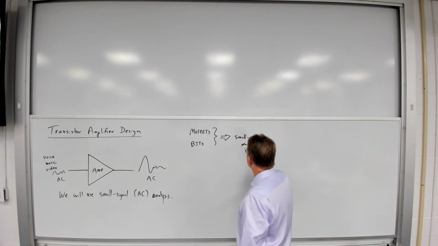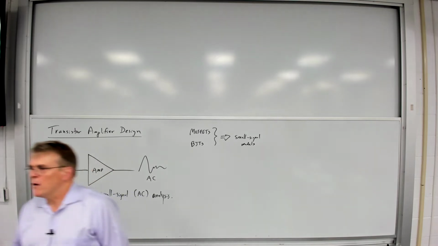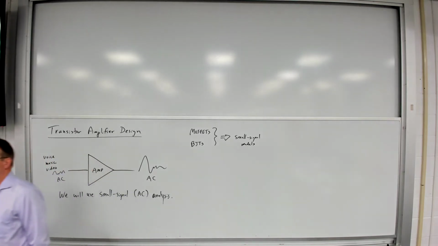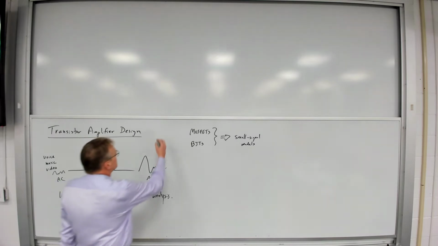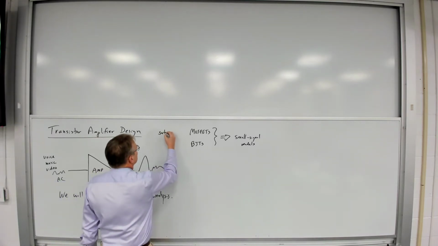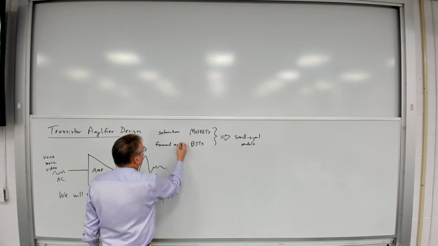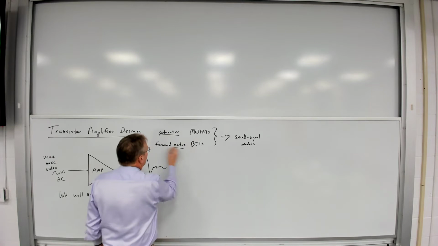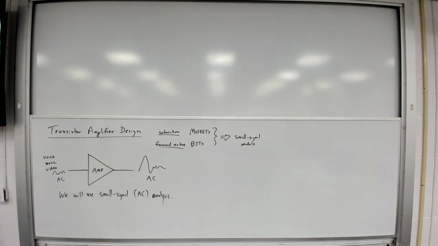So just as we did a small signal model for the diode, we're now going to do the small signal model for the transistor. Now, when we're designing amplifier circuits, the only regions of operation we typically care about for a MOSFET is going to be saturation. For a BJT will be forward active.